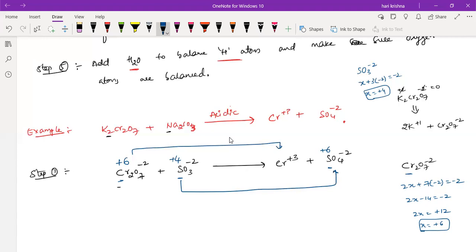Sir, chromium is undergoing reduction. Chromium is undergoing reduction, right? This is reduction. This is oxidation.